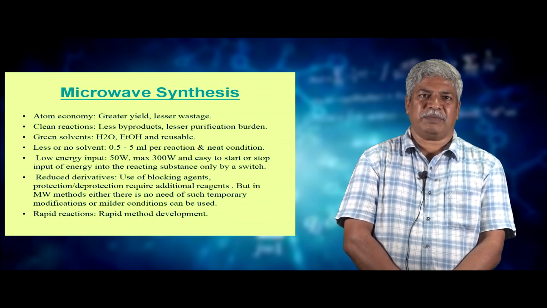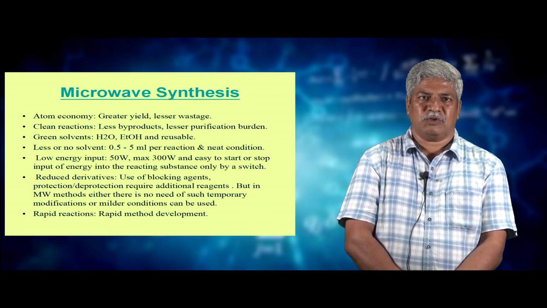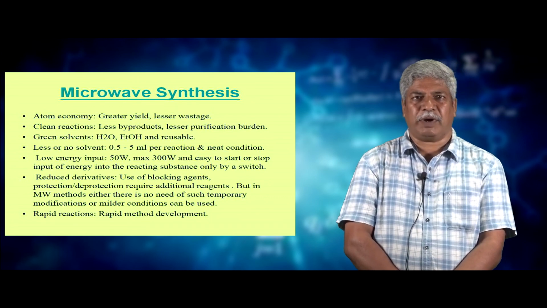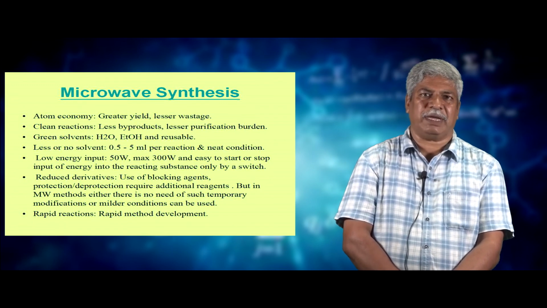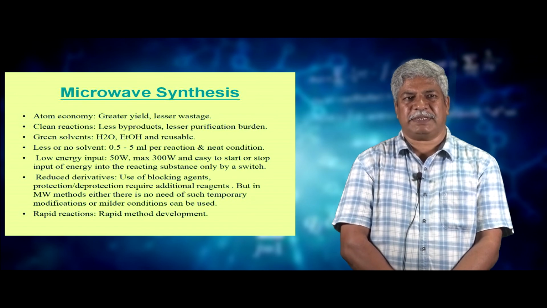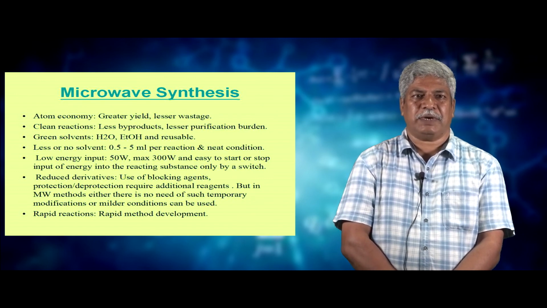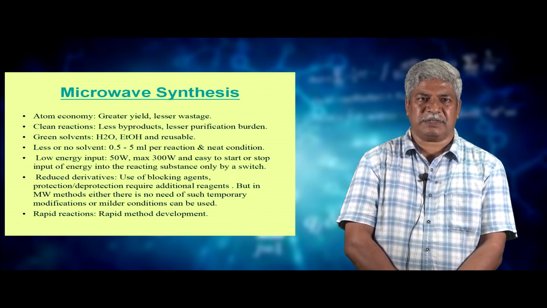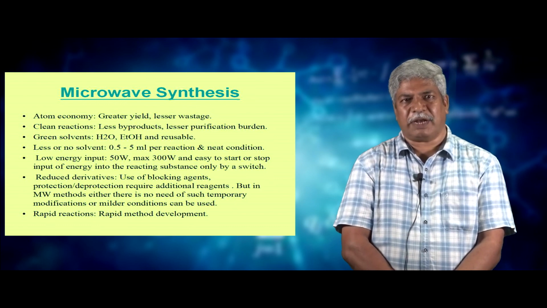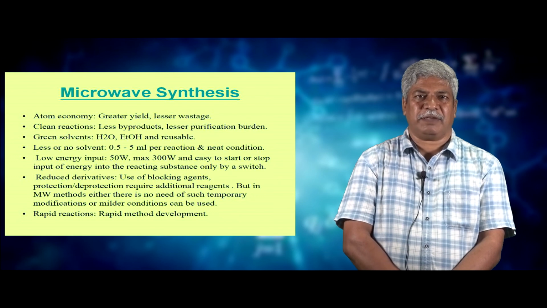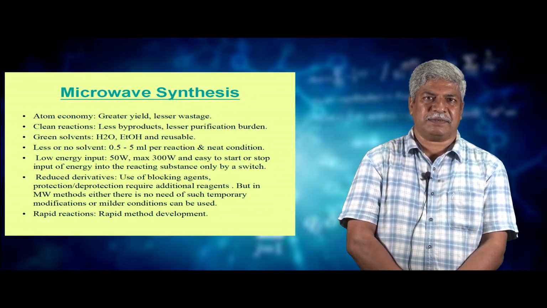Derivatization may be reduced, use of blocking agents may be avoided, and protection and deprotection steps may not be required in microwave assisted synthesis. So it leads to rapid reactions, so rapid method development. These are all the advantages of using microwave assisted synthesis.